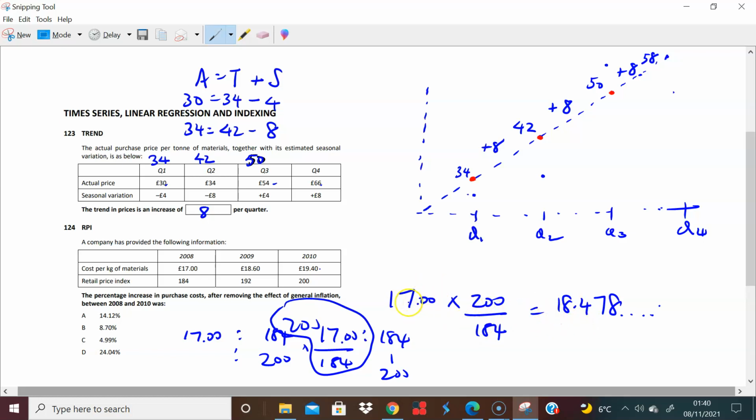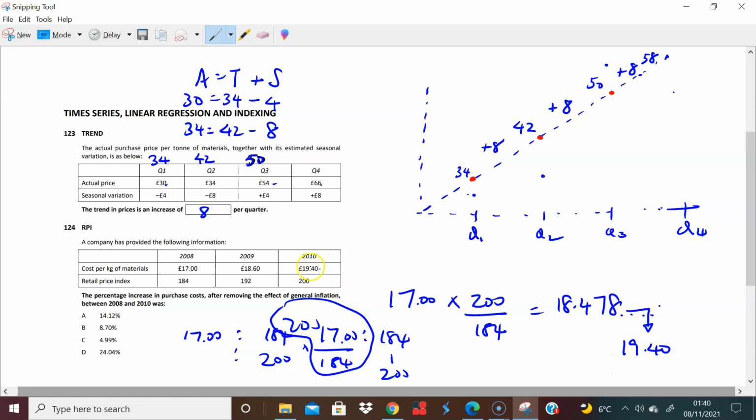This is the effect of this inflation. So if it's 18.478 and the actual price is 19.40, I can now assess the actual real increase, the real percentage increase. So I want to know what the change is from 18.478 to 19.40.